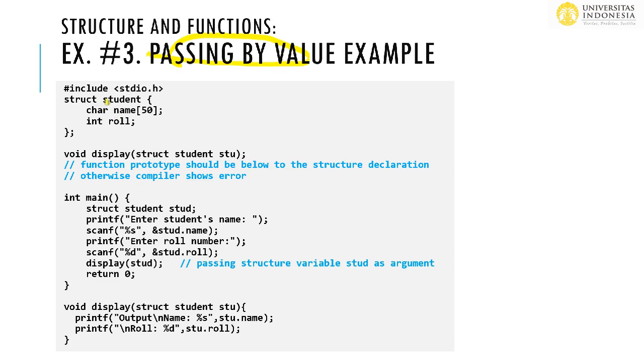For example, you just send a name or role only, or pass the entire structure members, or use pointers to refer your parameters to the address of the structure.